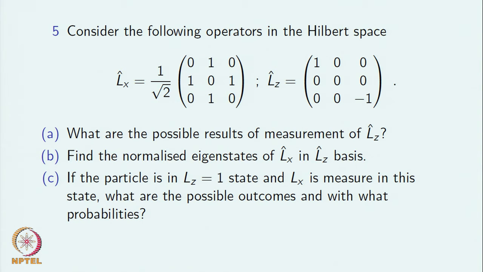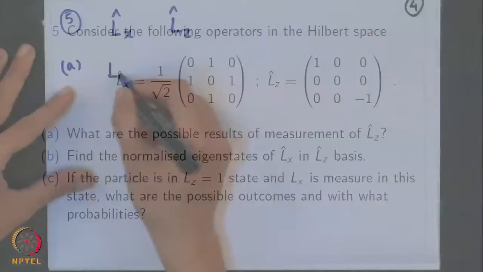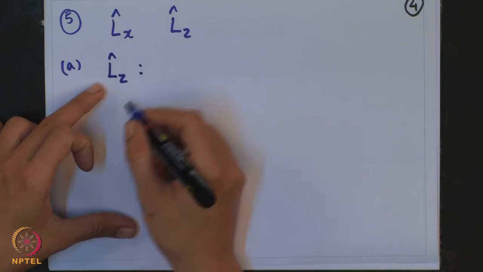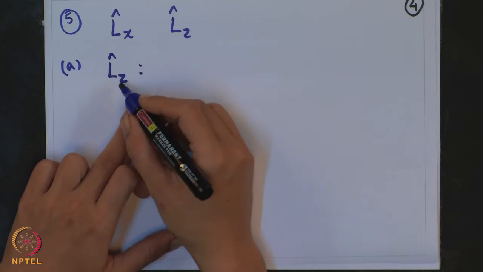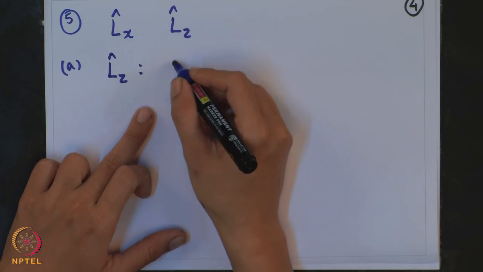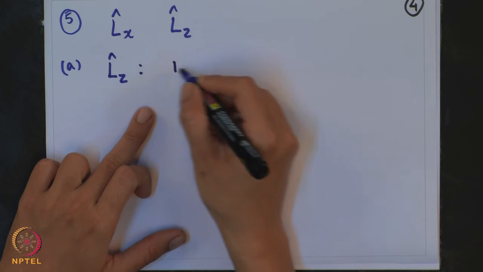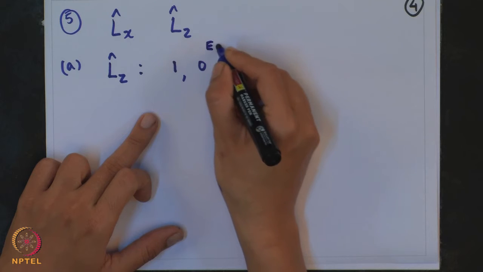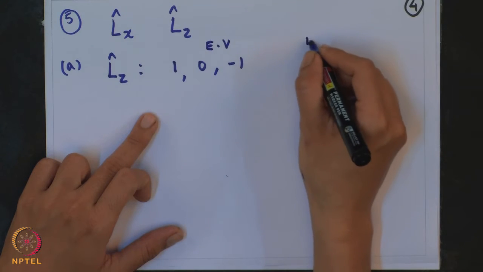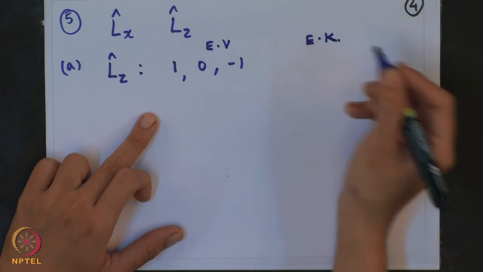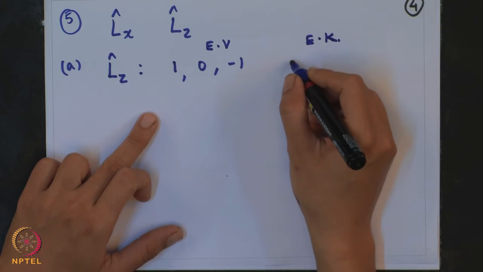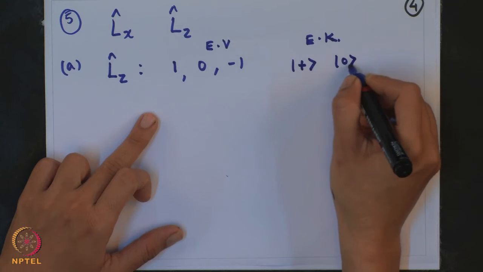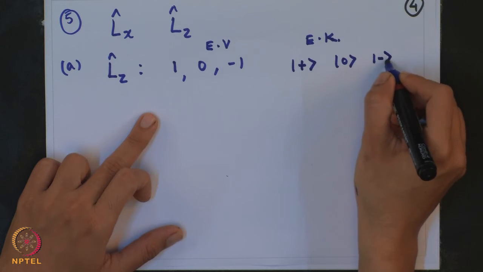So, Lx and Lz operators are given to you. From these you can see that Lz has eigenvalues 1, 0, minus 1. These are the 3 eigenvalues, and the corresponding eigenkets, I denote them as plus, 0 and minus.